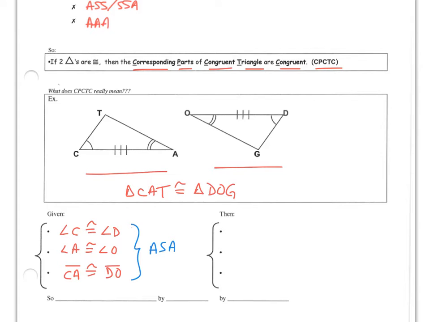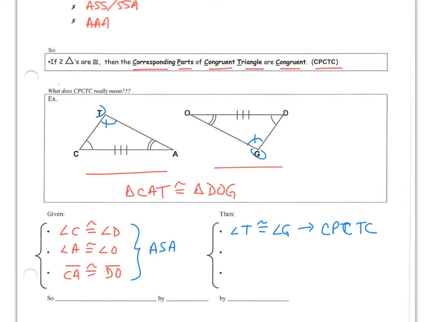Now, what this means, though, is that since the triangles are congruent, angle T is now congruent to angle G. So angle T is congruent to angle G, and the reason I can say that is CPCTC. All right, what does that mean? The corresponding parts, T and G, are congruent because the triangles are congruent.